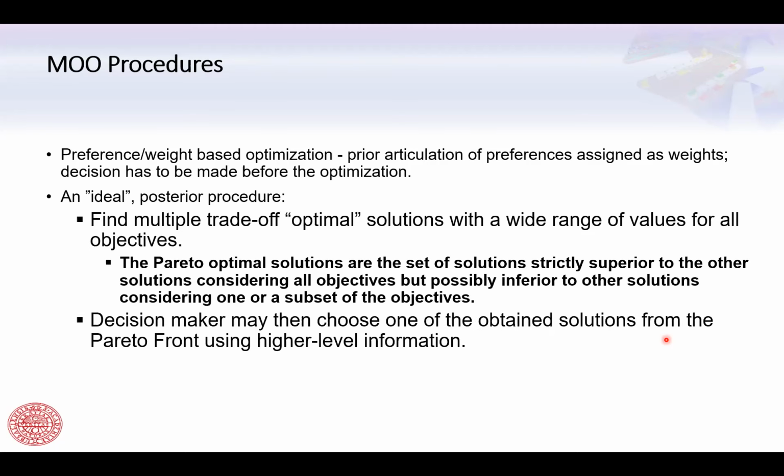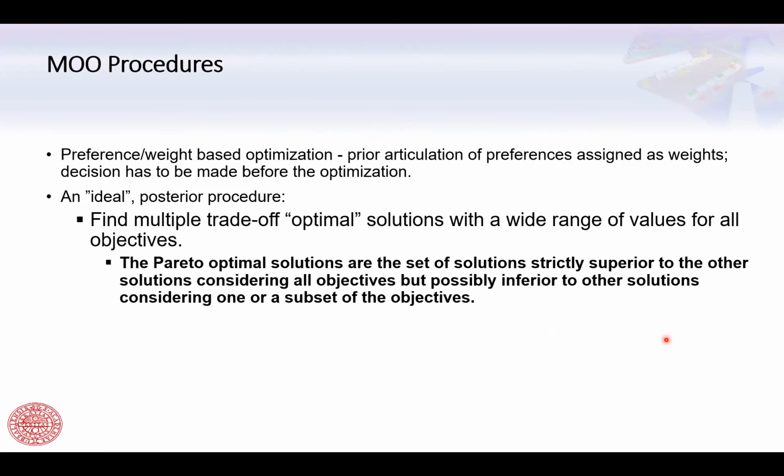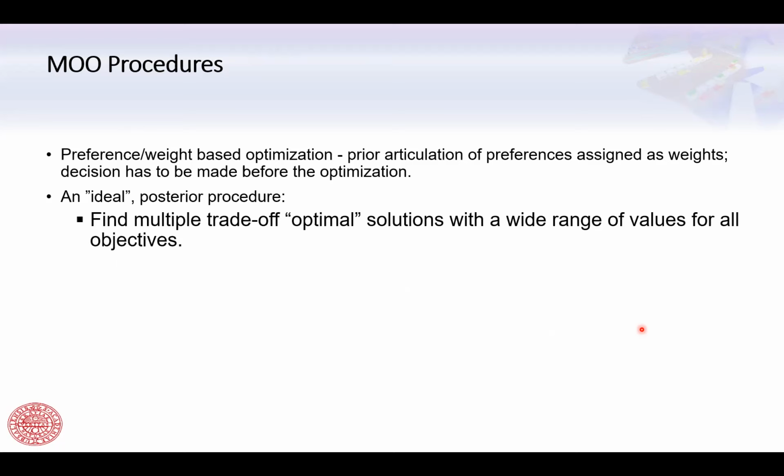And then there are multiple terms here. Now I will continue to talk about the first method here. We sometimes call it preference weight-based optimization. We not only combine the objectives into a single objective function, we actually try to incorporate accumulations of the preferences assigned to the weight.